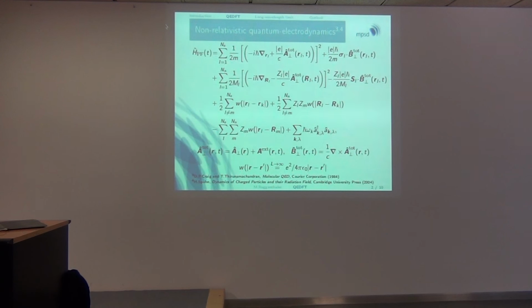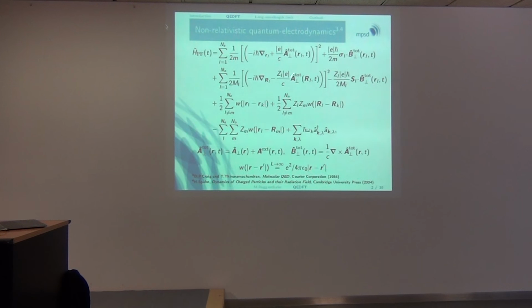And then you have the Pauli or Stern-Gerlach term that gives you your Zeeman splitting. The same you do for the nuclei, but we do not want to resolve the nuclear structure, so we don't take a bunch of protons and neutrons, but we just give it an effective mass, an effective charge, and an effective spin.